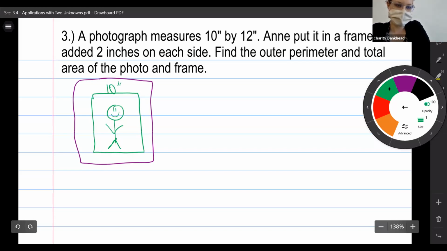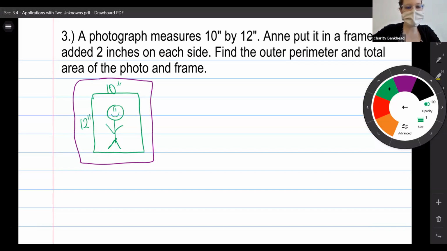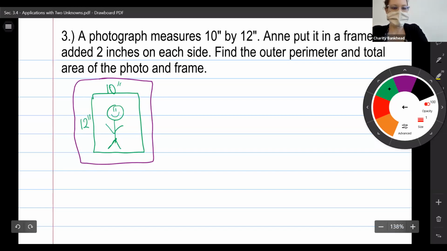So that's 10, that's 12. Okay, so it added 2 inches. So basically it's 2 inches thick of frame all around. So from here to there is 2 inches, and from there to there is 2 inches.